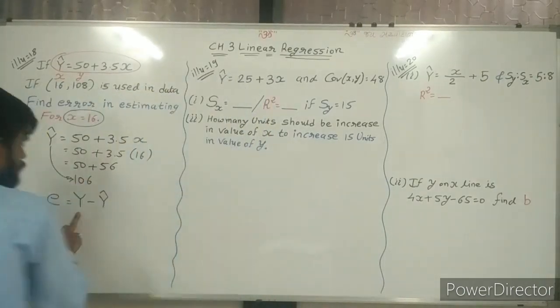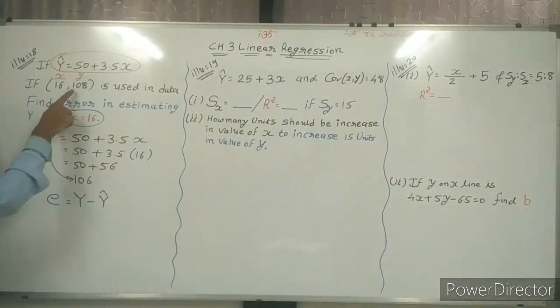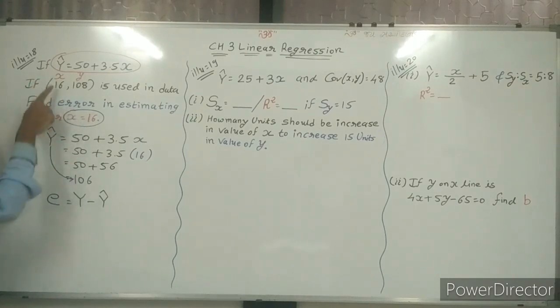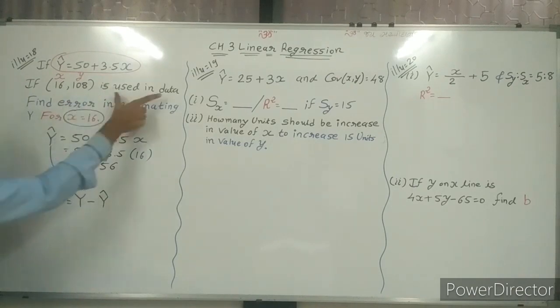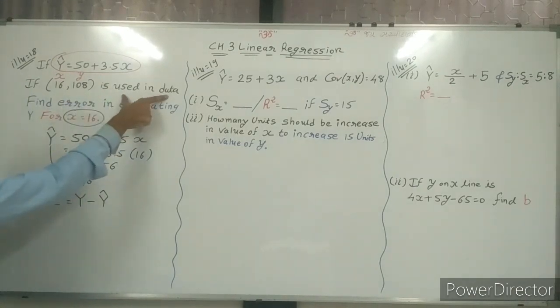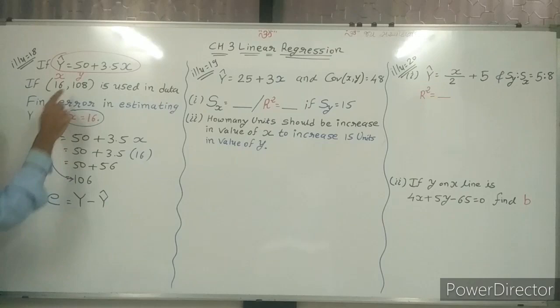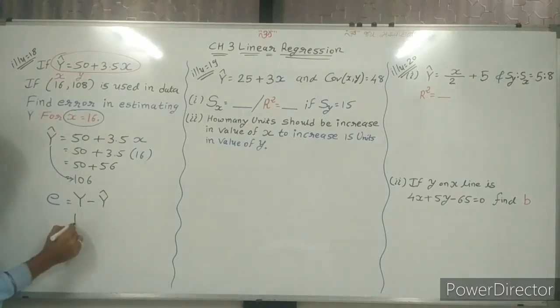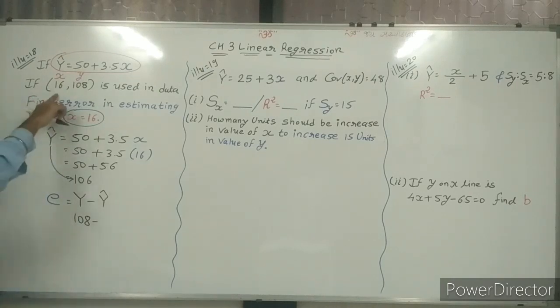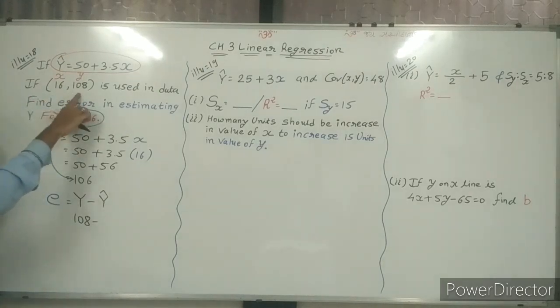So first of all, y means the original value. Sir, where is y? Here. For x is equal to 16, y is equal to 108, which is used in this data. So sir, the actual value of y is 108. So first of all, write 108, because for 16 the actual value of y is 108.